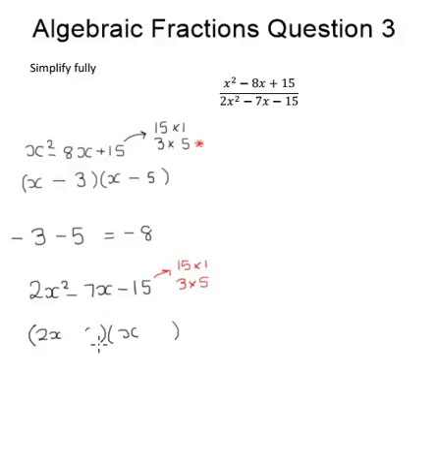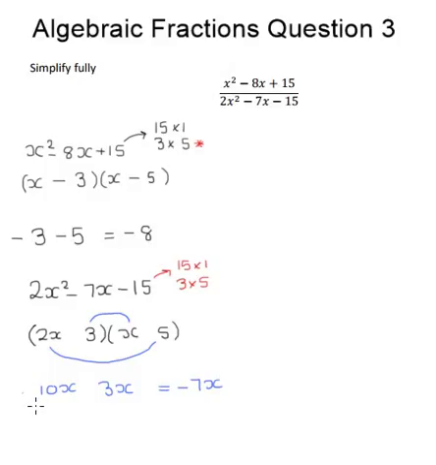So what I'm going to do first is put the 3 here and the 5 here. And to double check what this makes, I'm going to do my 2x times my 5, which gives me 10x, and my 3 times my x, which gives me 3x. And we want this to be minus 7x. Oh, this is just lucky that it's the first one we've chosen. So how can I make this minus 7x?